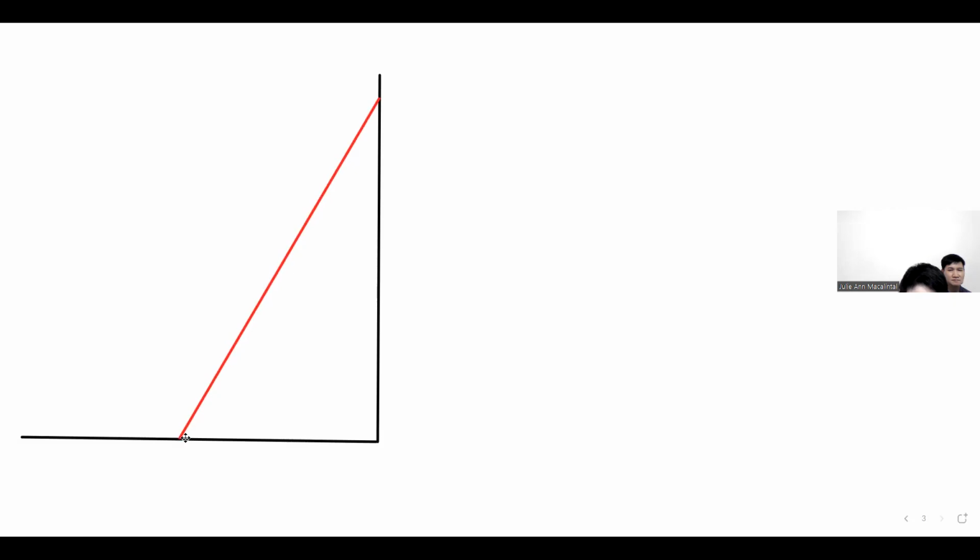This is the ladder. It's the midpoint. I can draw a yellow segment from here, but in this case, I will extend it until its length is equal to that of the ladder.